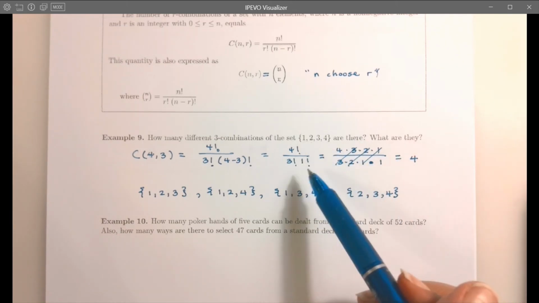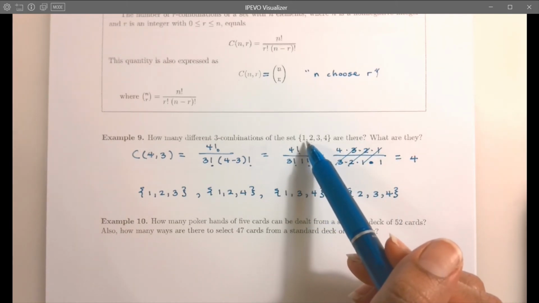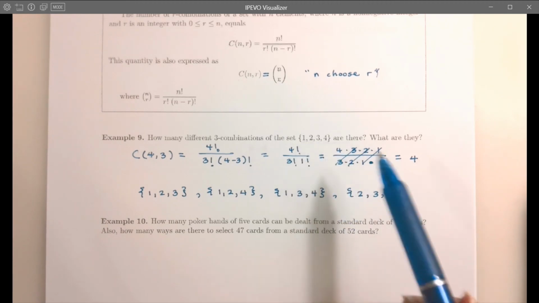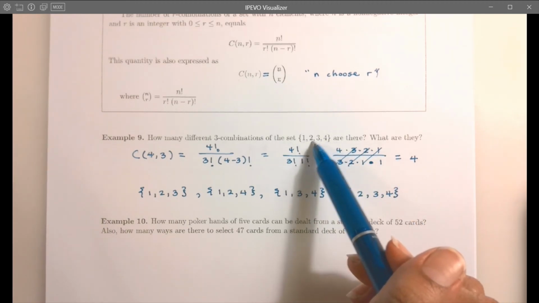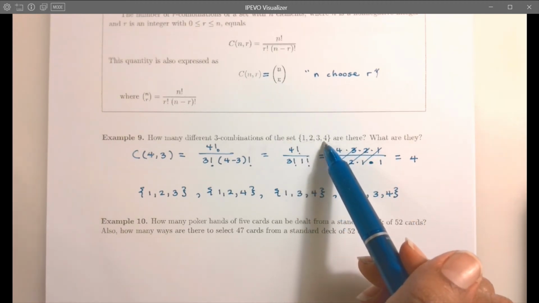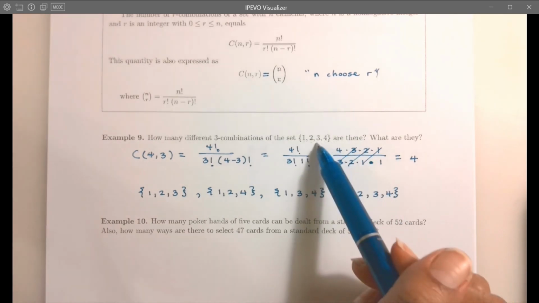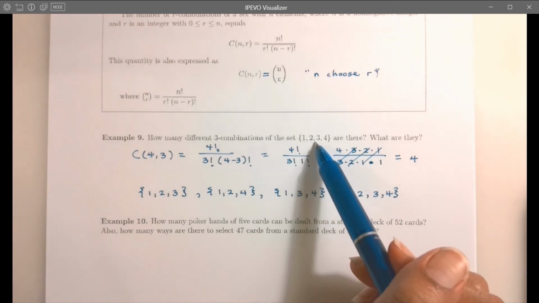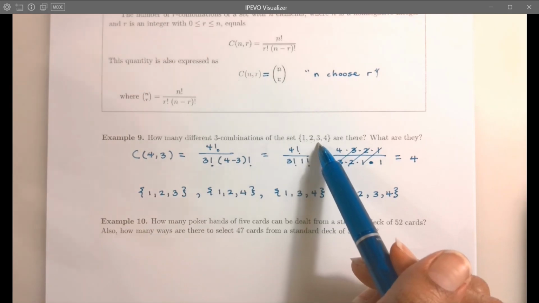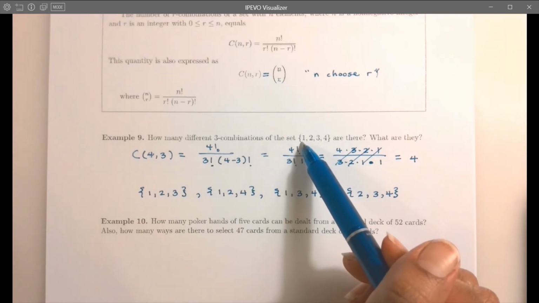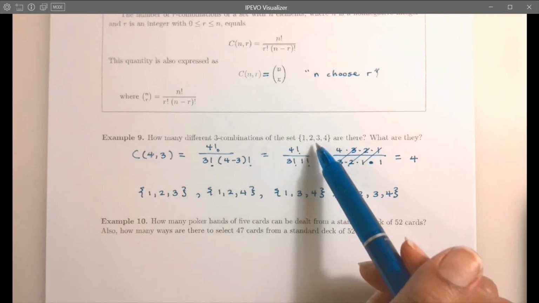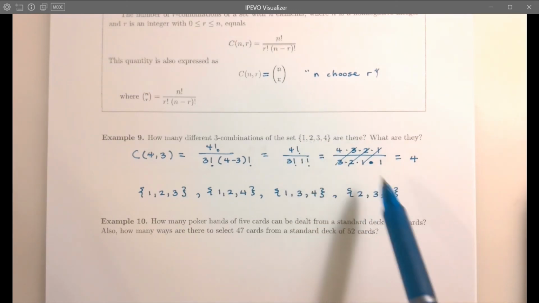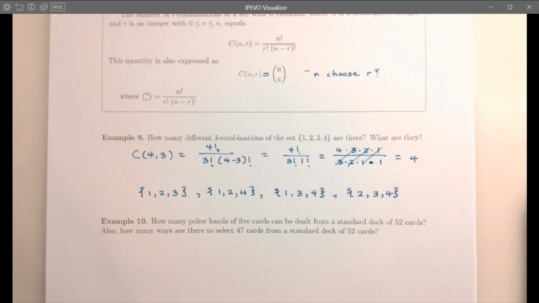And then after that, I fix the 2 with the 3, and I consider what the option is for the third element. Well, we have 1, but again, we already have that subset, or we have 4, and that would be a new one, so we write that combination down.